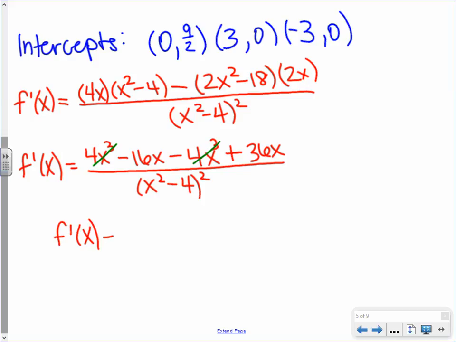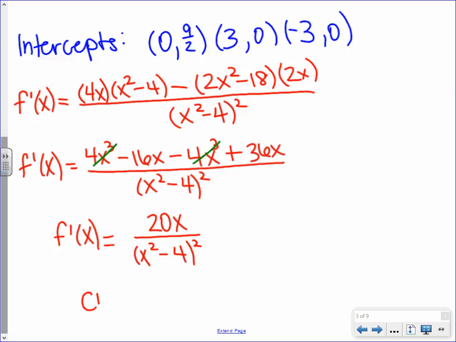Yeah. So we can simplify this down to 20x over the quantity x squared minus 4, squared.